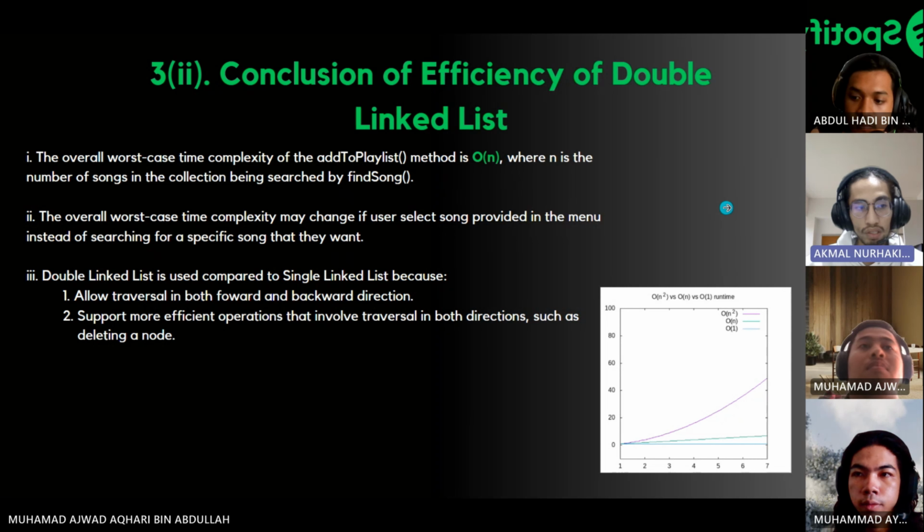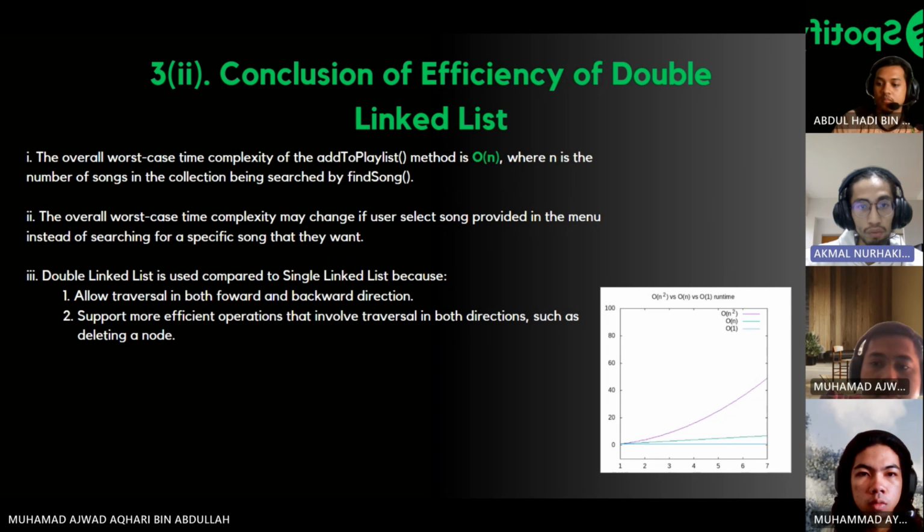This is because the program will not need to run find song function before adding the song to the playlist. And in these features, double linked list is used instead of single linked list because double linked list allow traversal in both forward and backward directions. This allow user to play next song as well as previous song in the playlist.